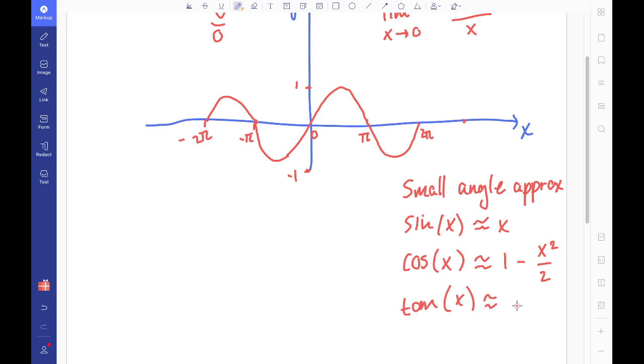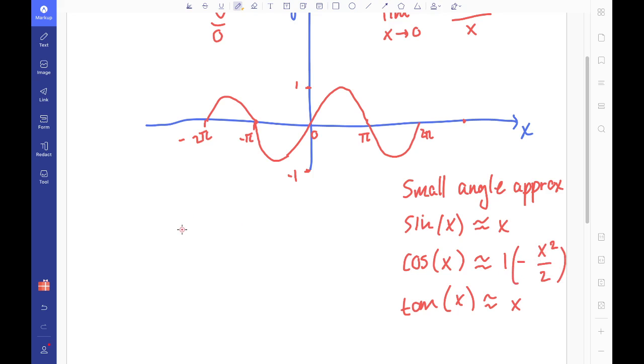Usually people approximate this also to x. So x over 1 minus x squared over 2, well, the 1 on the bottom will dominate, especially as x is small. X squared is going to be incredibly small. So this is kind of optional. I guess you want to see on a case-by-case basis whether you want to include this x squared here.